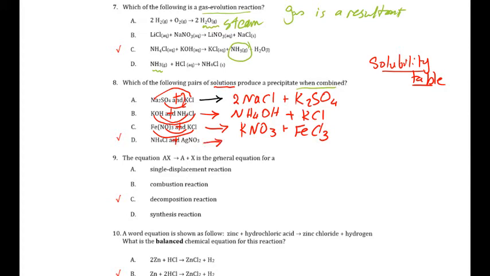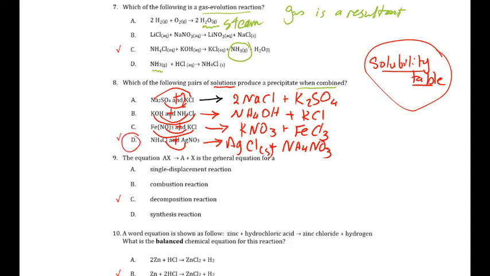Last reaction will give AgCl plus NH4NO3. After doing that, look at the solubility table at the end of the paper. You will recognize that AgCl is the only solid compound. So the solution which gives a precipitate when combined is NH4Cl with silver nitrate.